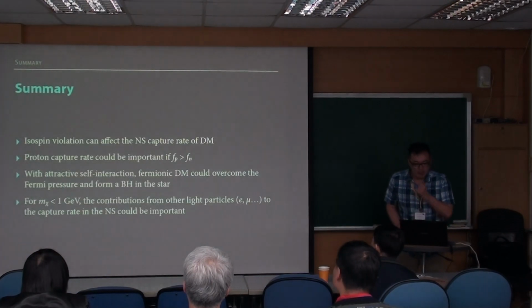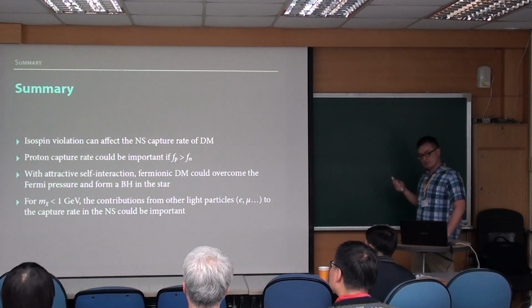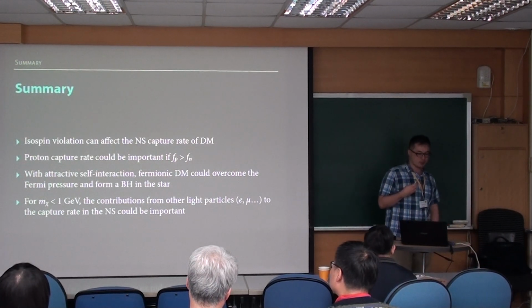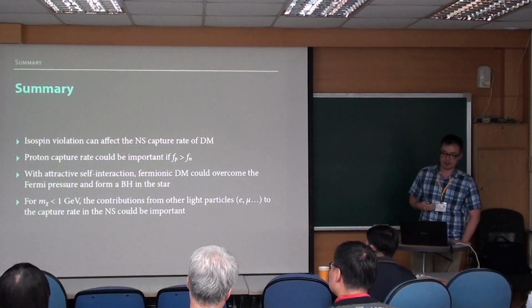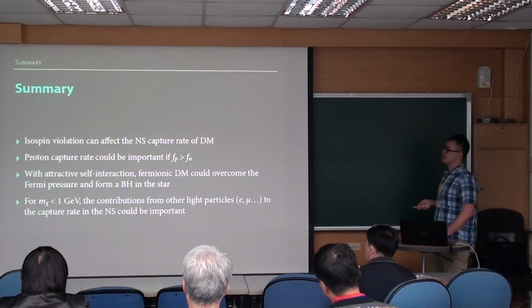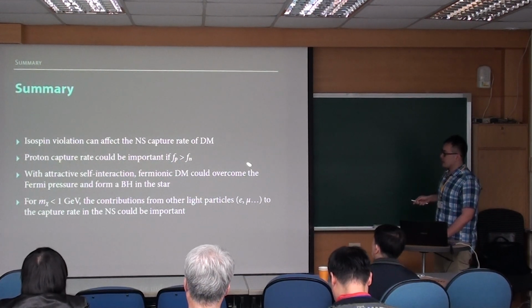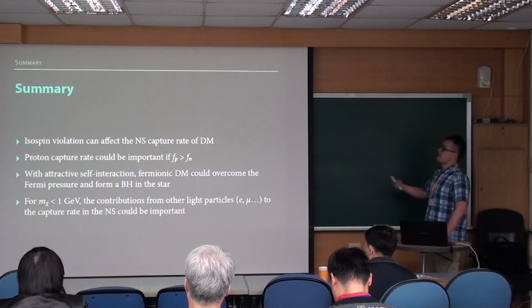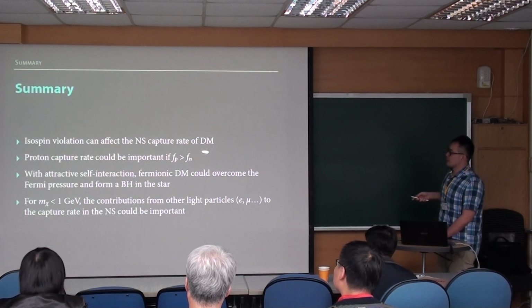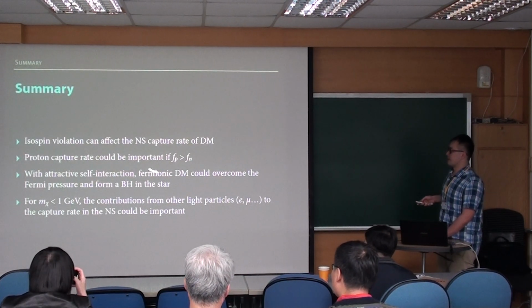So let me briefly conclude. We see from the calculations that even though the neutron fraction is much larger than the proton fraction inside a neutron star, if there is any isospin violation, which means the dark matter couples to the proton much more strongly than to the neutron, then the contribution to the capture rate from the proton will be significantly larger.